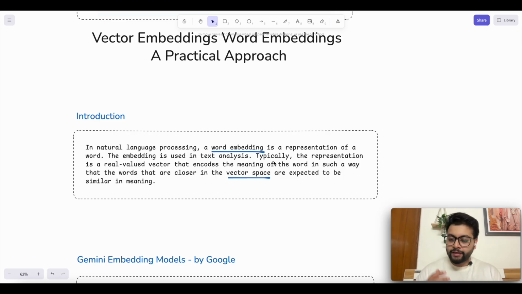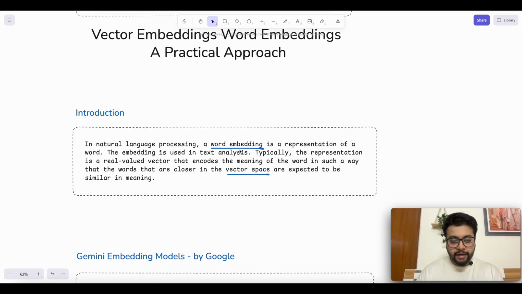And that's what we discussed earlier, right? We discussed that two words which are similar are kept together in the vector space, while the words which are very different from each other are kept far away in the vector space. So that's what the introduction pretty much covers, right?